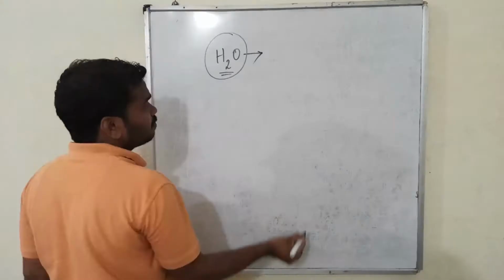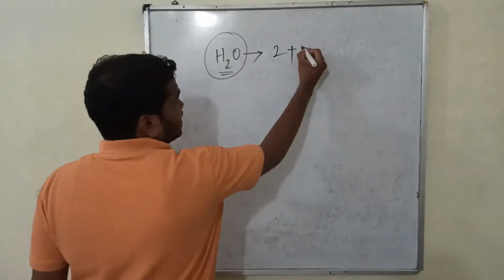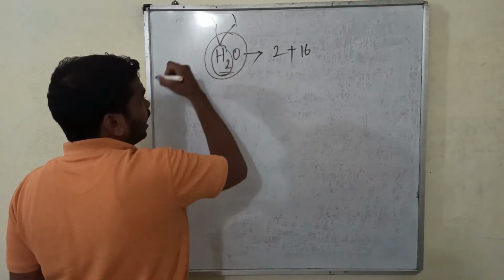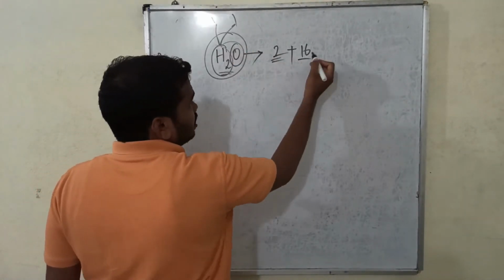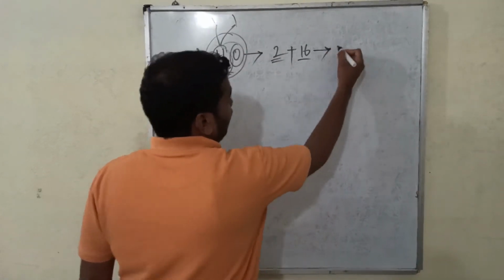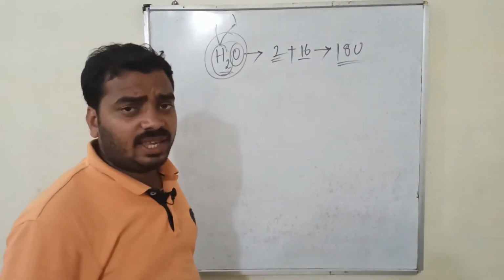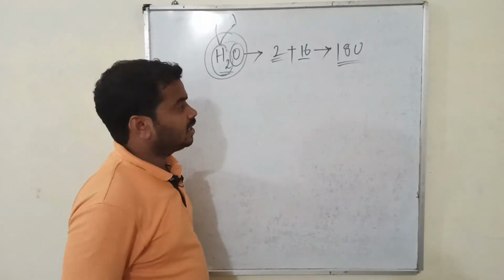2 hydrogen atoms, that means 2 unified mass units of hydrogen. Each hydrogen will be 1, so H2 means 2 units, and 1 oxygen will have 16 units. Totally it makes up to 18 unified mass units. I think it's clear now. 18 unified mass units.